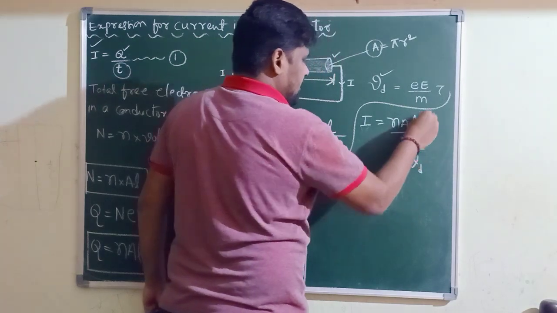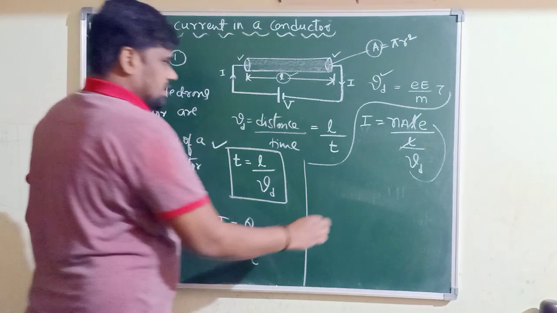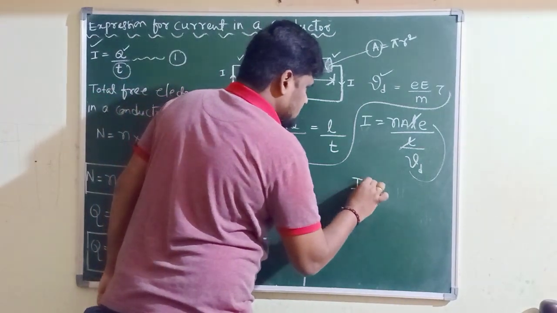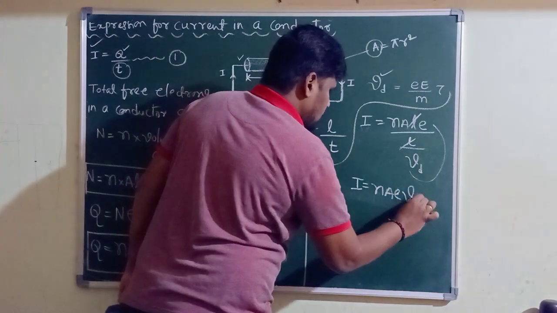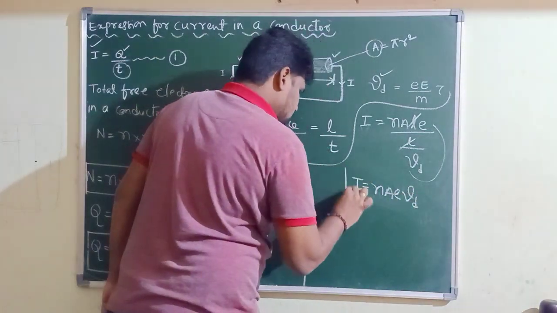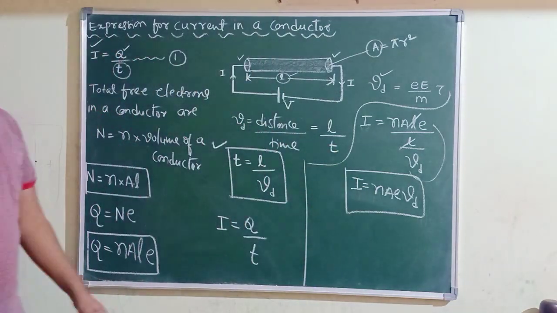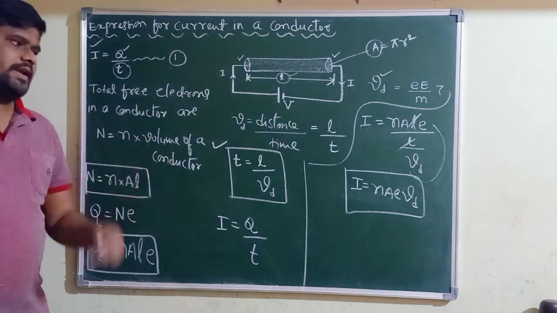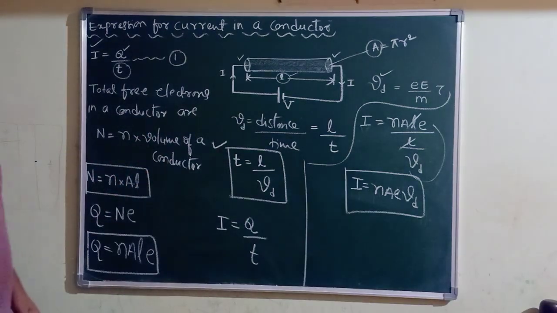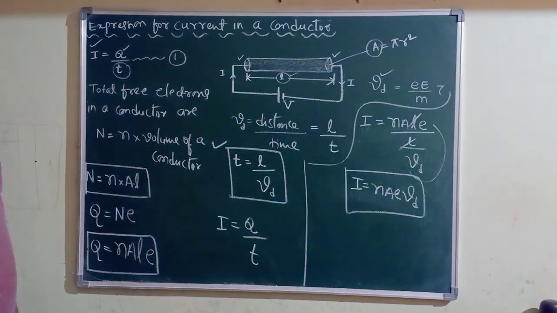Next step, L and L gets cancelled, Vd will go to the numerator. Then I can write I is equals to what? N A e into Vd, which is an expression for what? Current in a conductor. Current in a conductor in terms of what? Drift velocity of free electrons.